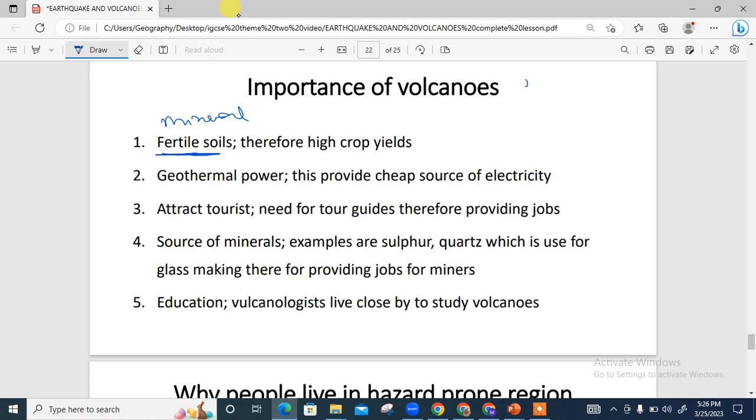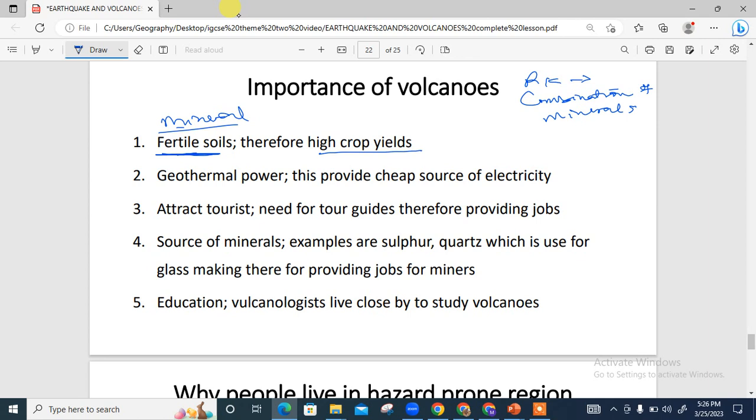And you know the definition of a rock is that rocks are aggregates of minerals, combinations of minerals. So if you know that, you agree with me that volcanoes provide minerals, and these minerals make the soil fertile, therefore suitable for agriculture, which can eventually lead to higher yield.